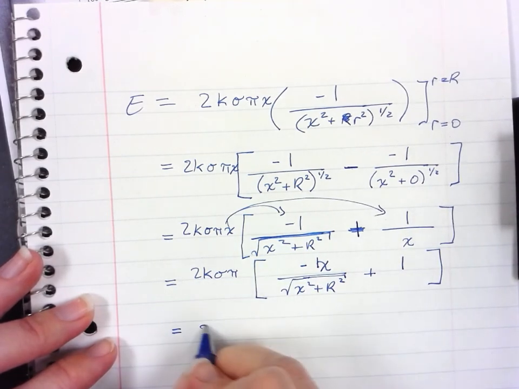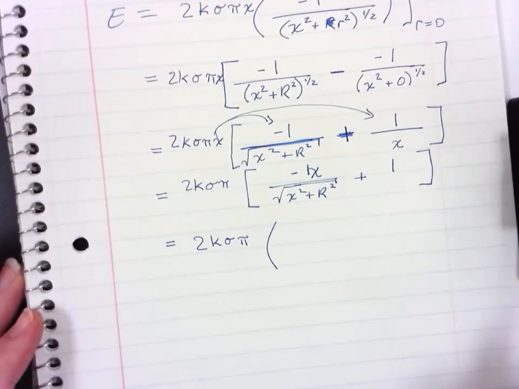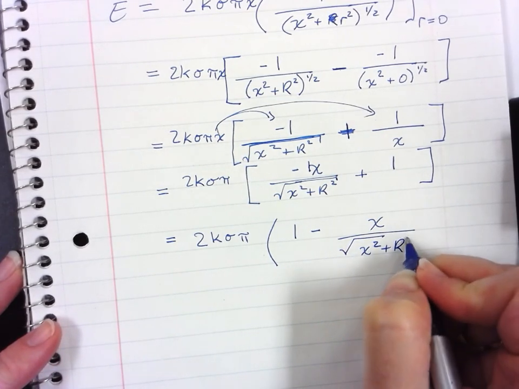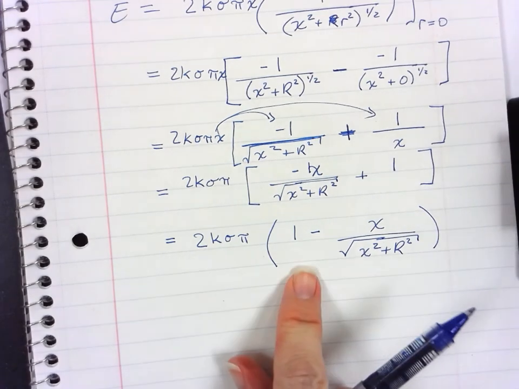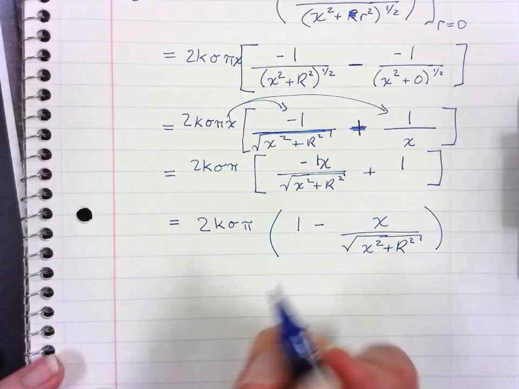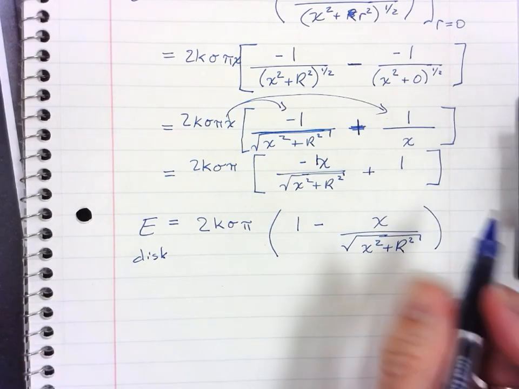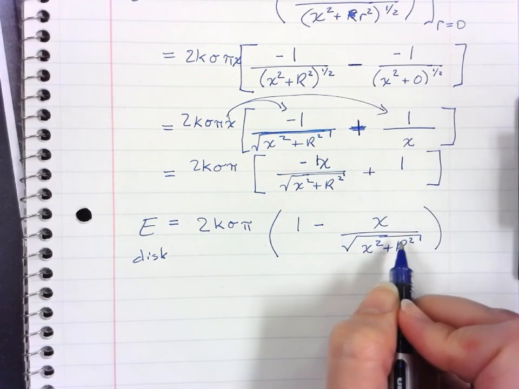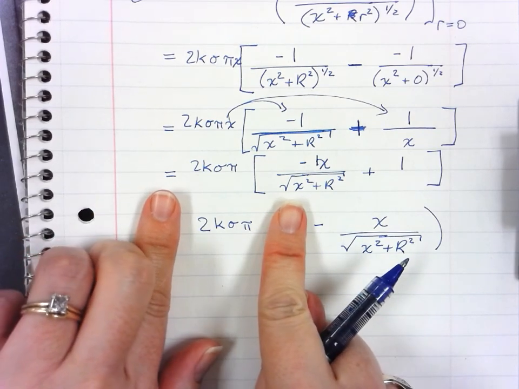And so this turns into 2k sigma pi times, the way I wrote it on the other video, 1 minus x over square root of x squared plus r squared. Sorry for losing the x in the middle of all of that. But that is now the equation that, with hand waving before, is the electric field of a disk of radius capital R. And then we let R go to infinity, which made this term go away. And so the electric field of an infinite plane is just 2k sigma pi.